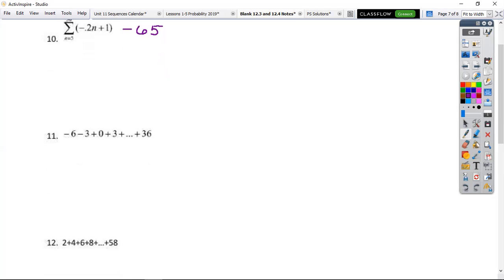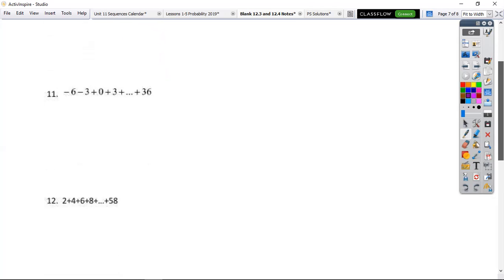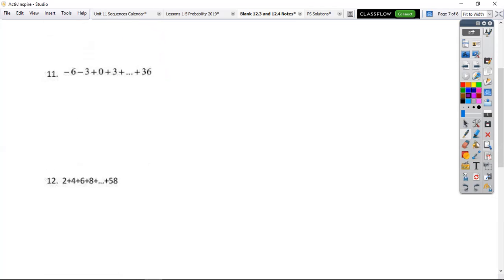So on number 11, we want to write the sigma, the summation notation. What type of sequence is number 11? Arithmetic, good. So that means I have a common difference of 3, where a sub 1 is equivalent to -6.